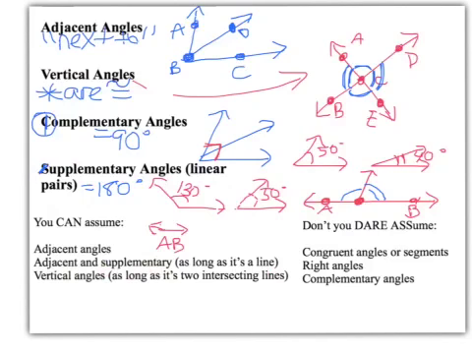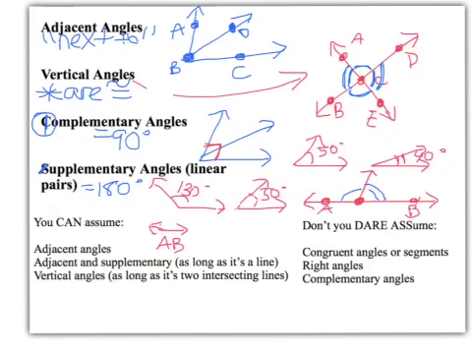If they're forming a straight line like we see up here, you can assume that this is 180 degrees. The last thing you can assume from what we've learned so far, as long as they tell you line AE and line BD, you can see that they're intersecting, so you can assume vertical angles.